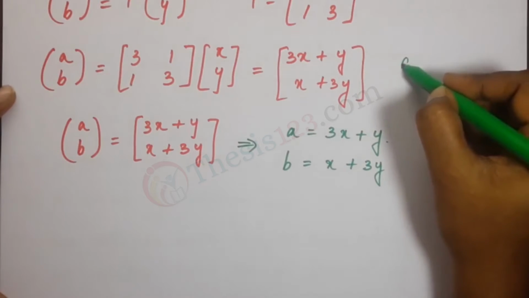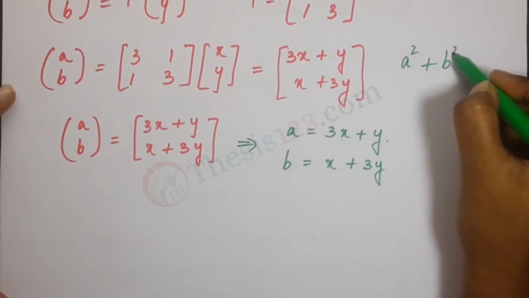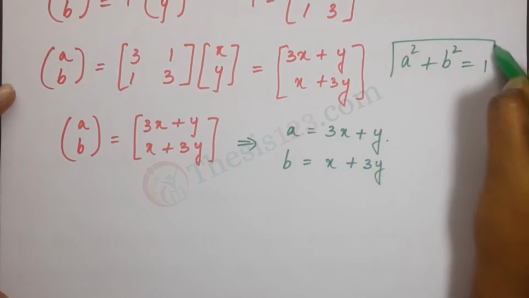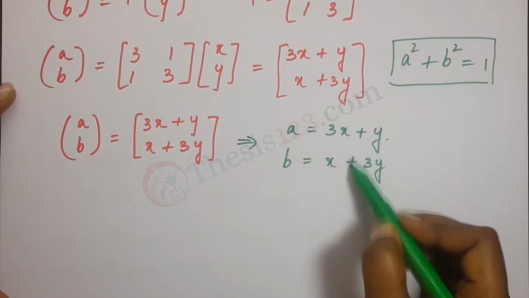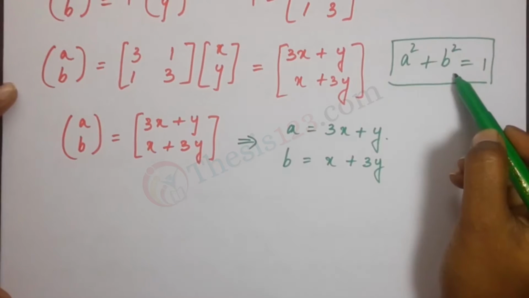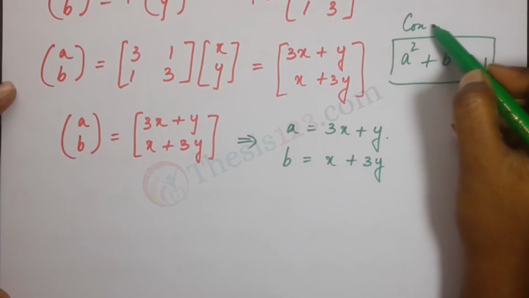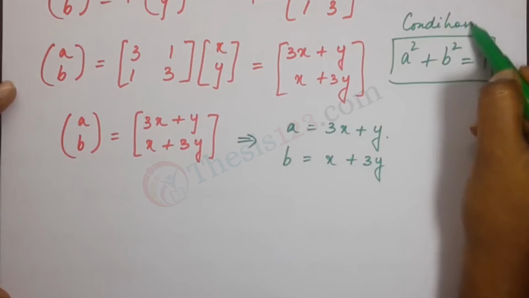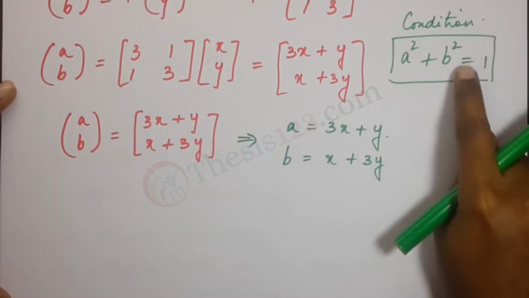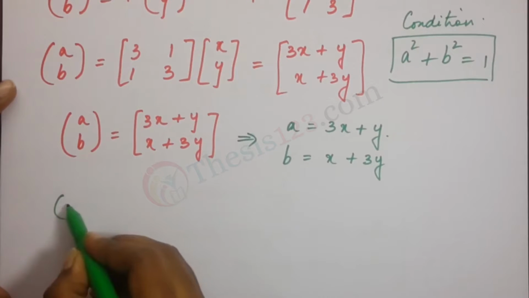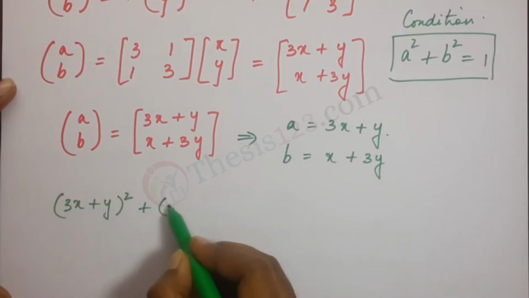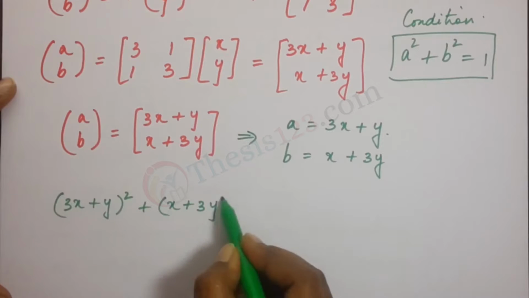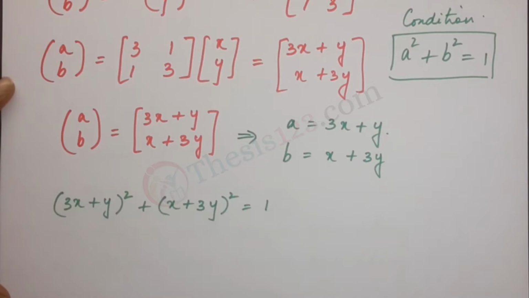The condition given to us is that a square plus b square is equal to 1. Now that we have the expressions of a and b, let's plug both of these into this condition. We'll get 3x plus y whole square plus x plus 3y whole square is equal to 1.